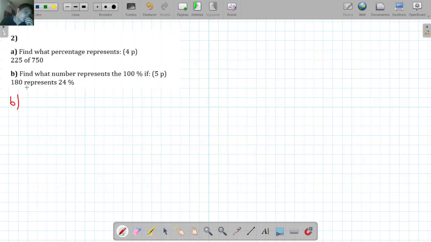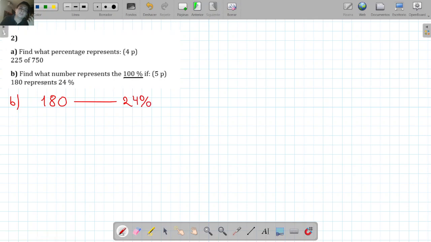Okay, it's very good. Alright, so we need to find a number that represents the 100% if 180 represents the 24%. In this situation, it's a little bit tricky because we don't know the 100%. So we need to look for it. We only know that 180 represents the 24%.